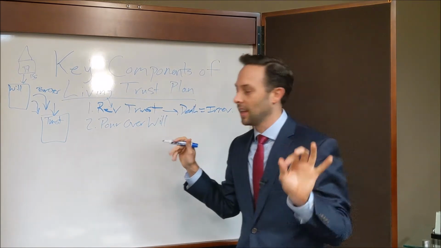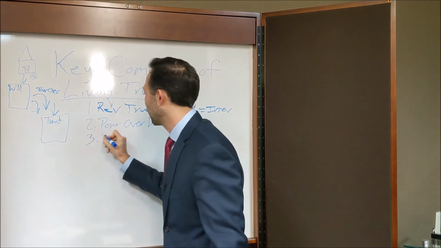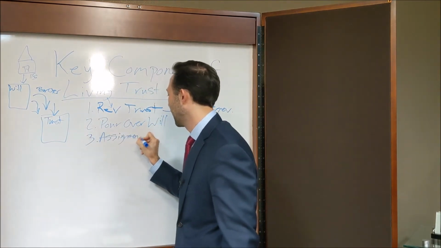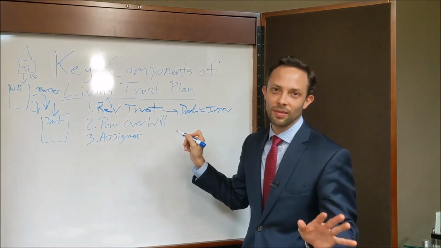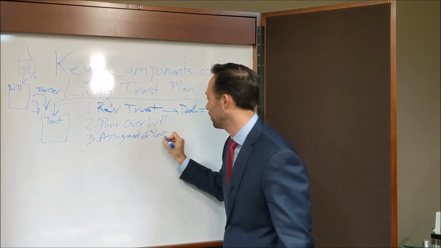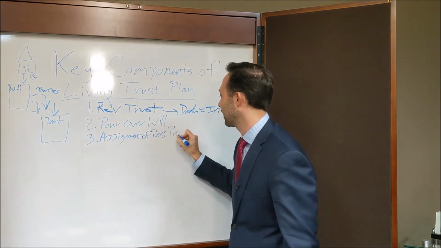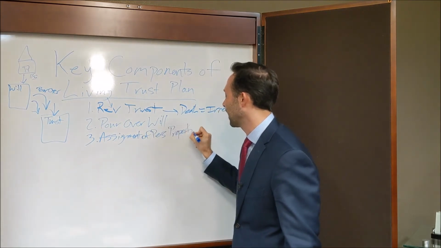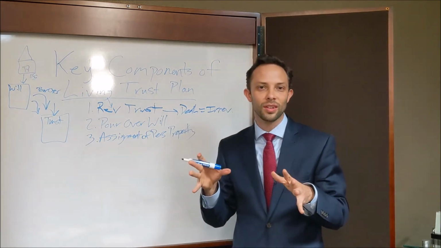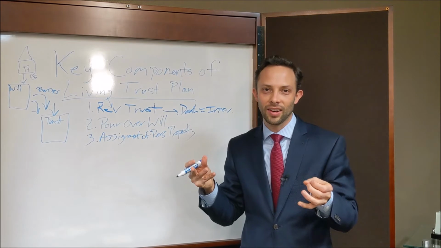Then third, this is one of my favorite documents. It's an assignment of personal property, we call it. And this is really what's great about a trust plan, is as soon as your trust is signed, we can assign all of your tangible personal property to the trust simply by contract law.